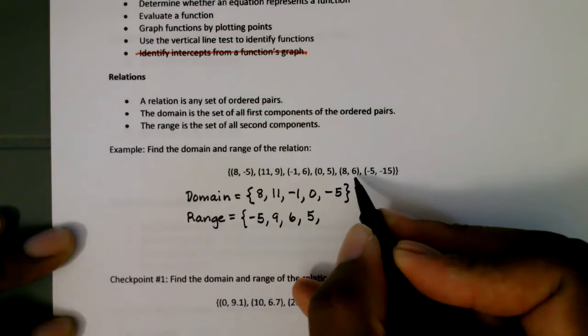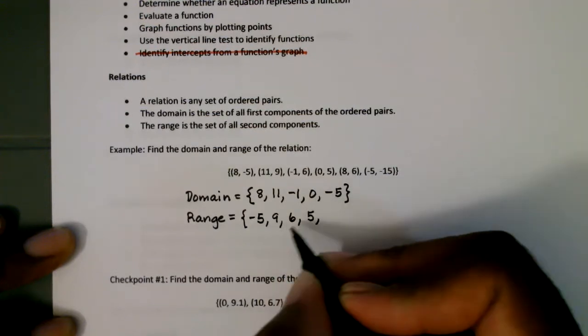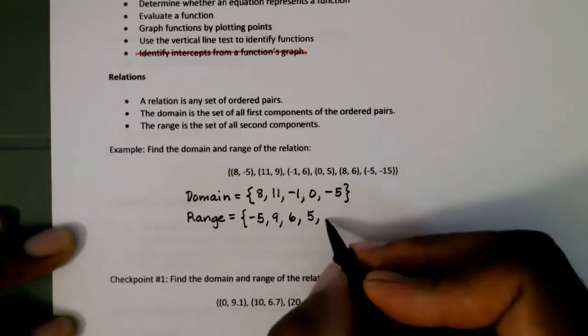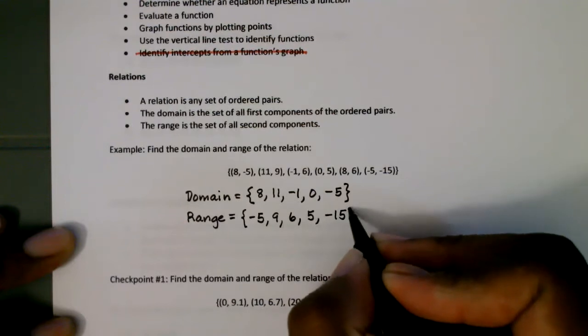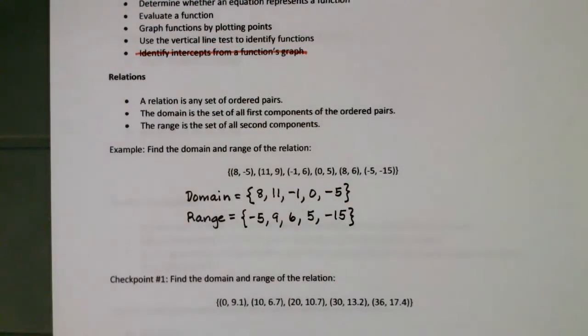Now we've already got 6 listed here, so we're not going to list 6 again. And then finally, -15. Okay. So that's how we find the domain and the range of this relation.